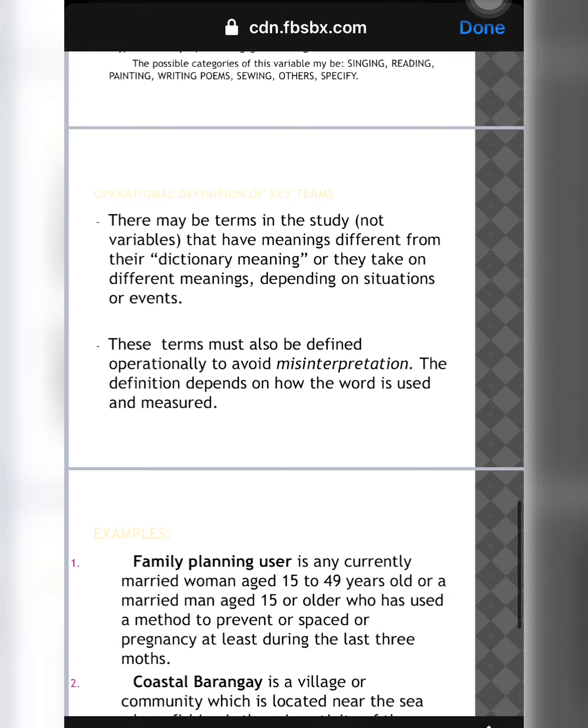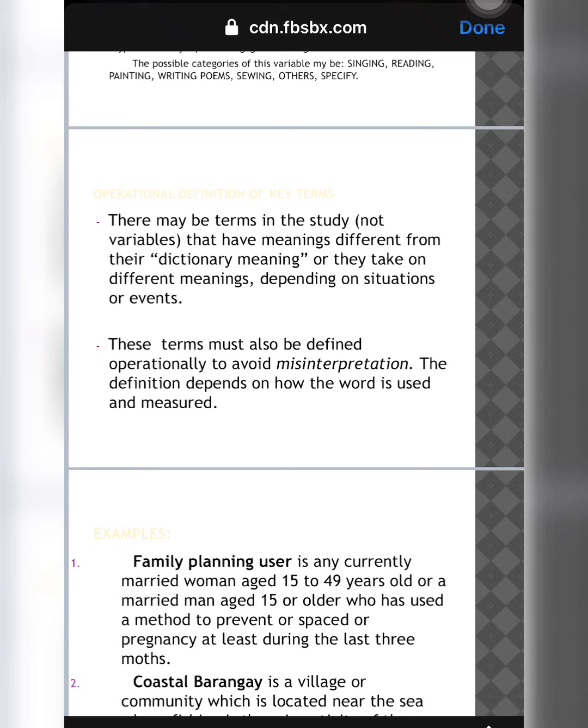The next is operational definition of key terms. What is the operational definition of key terms? There may be terms in the study, not variables, depending on the situation or events, that have meanings different from their dictionary meaning, or they take on different meanings depending on situation or events.